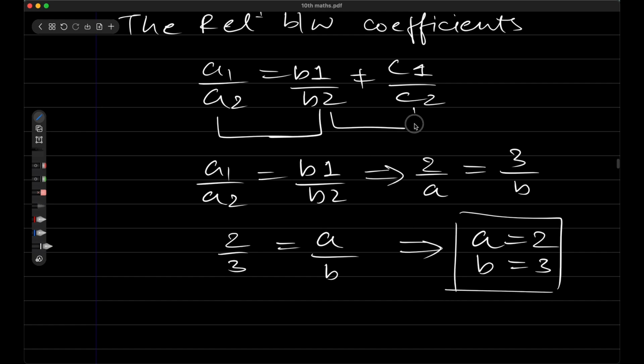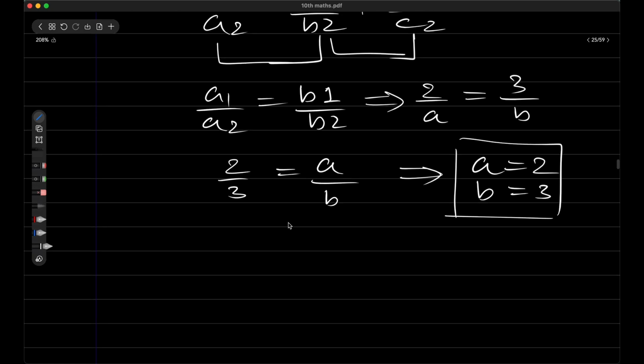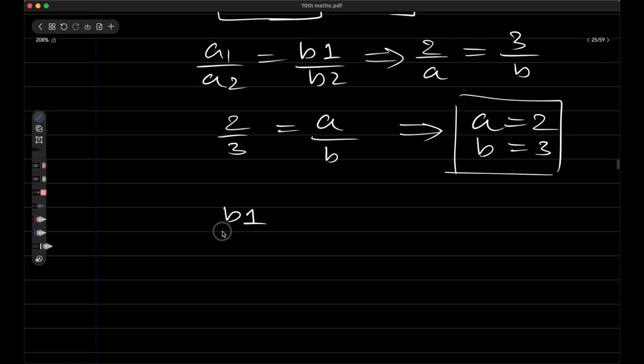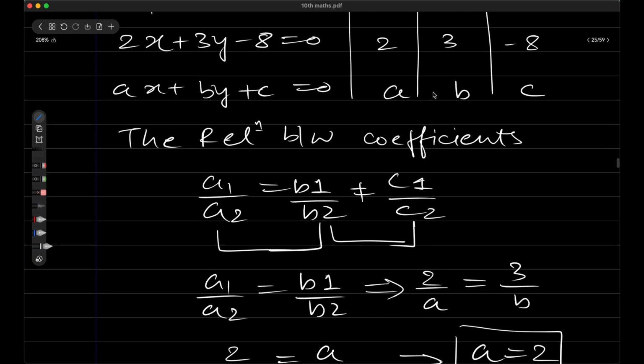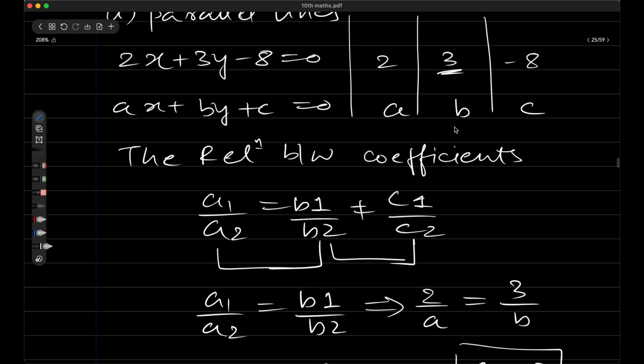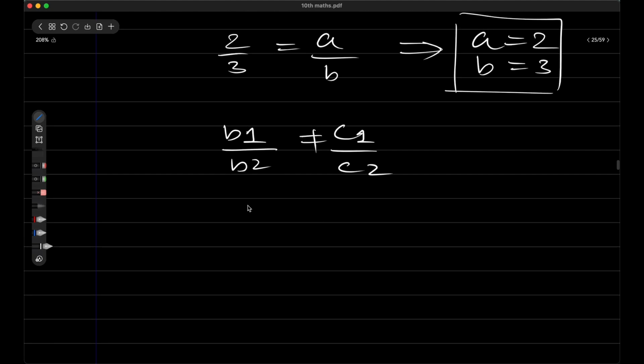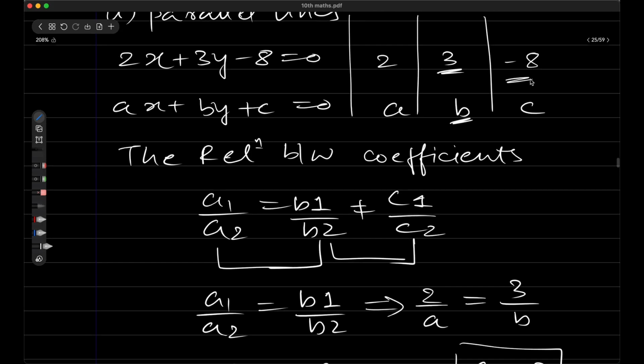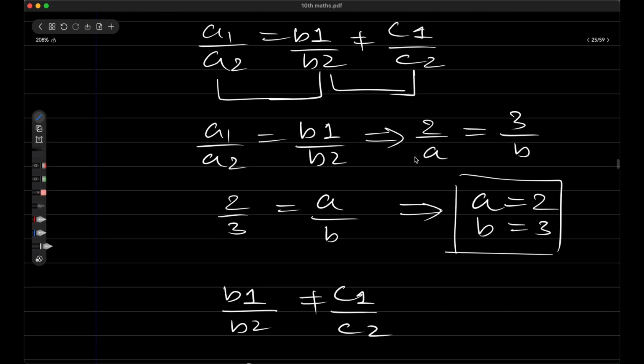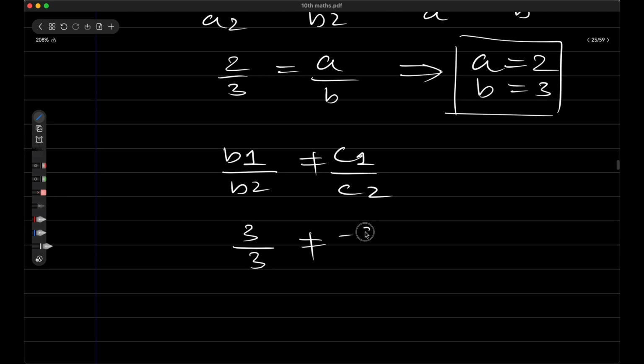Now take the other pair, that is b1 upon b2 not equals to c1 upon c2. b1 is 3 upon b, b equals 3 we got, not equals to c1 is minus 8 upon c.